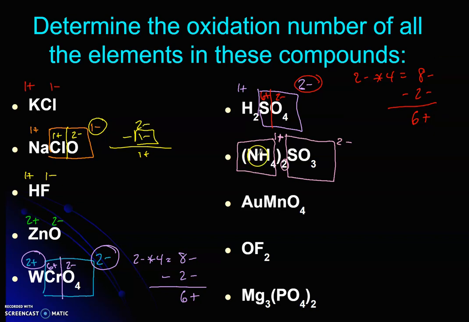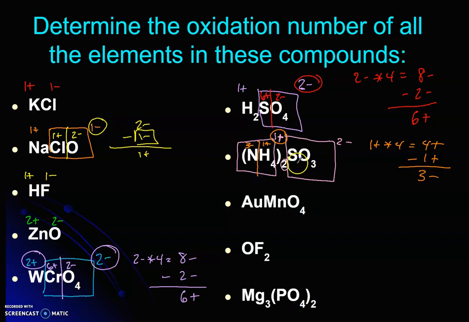Okay, so we have NH4 plus. We will rule out hydrogen. Hydrogen is a 1 plus. I have 4 of them. So 1 plus times 4 gives me a 4 plus. It is an overall 1 plus charge. So that means that nitrogen has to be a 3 minus to cancel that.